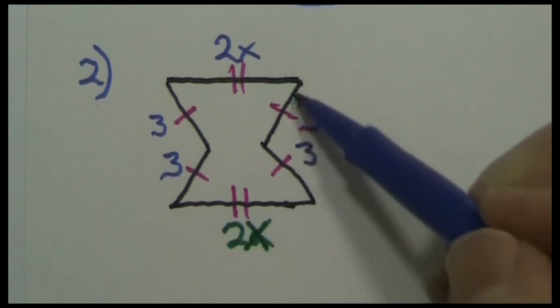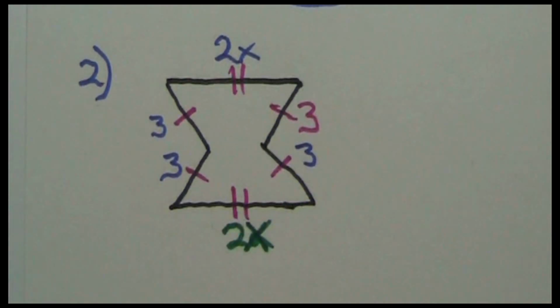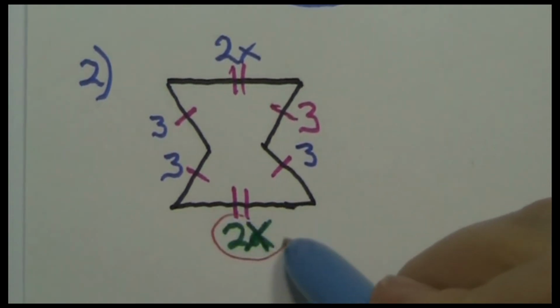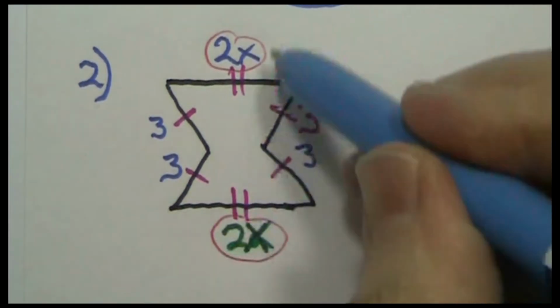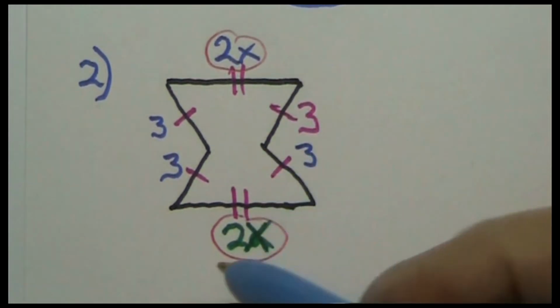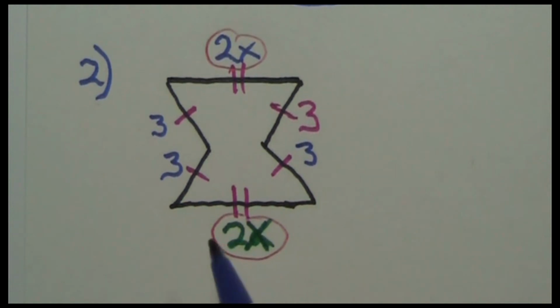Now we need to put all of this together. So this side is 2x, and this is 2x. Remember, we want to find the perimeter, so we have to add them all together. 2x and 2x makes 4x.